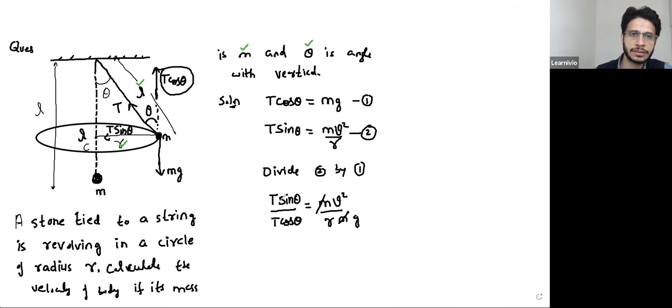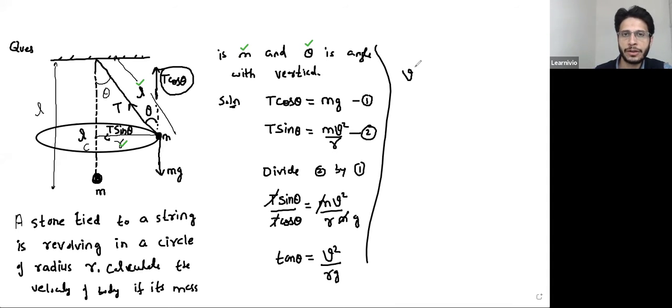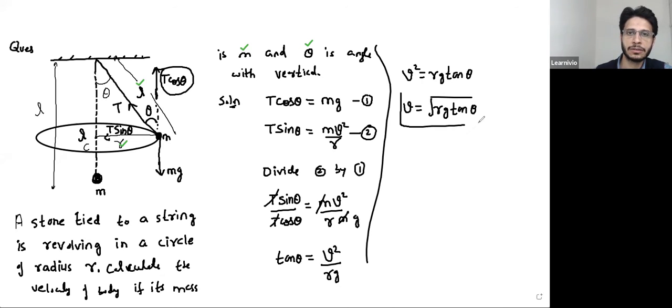This m will cancel this m, this T will cancel this T. You will get tan theta is v square by r. So you can write your v square as rg tan theta. You can write your v as root over rg tan theta. This is how we can get velocity. Velocity is root over rg tan theta.